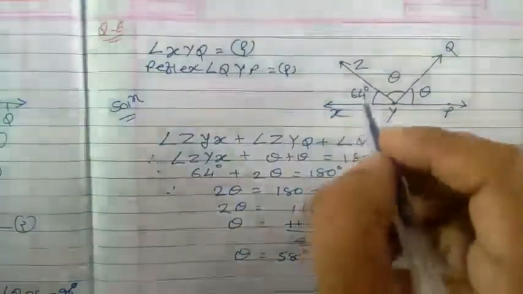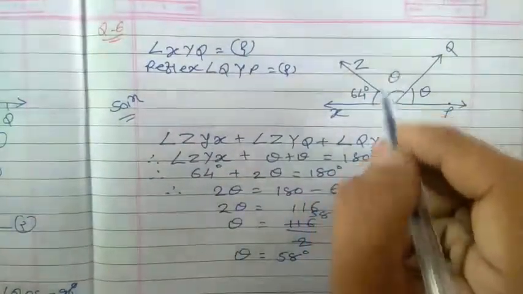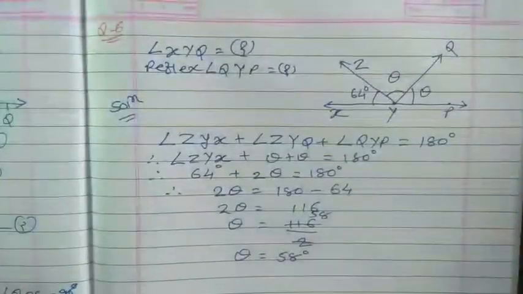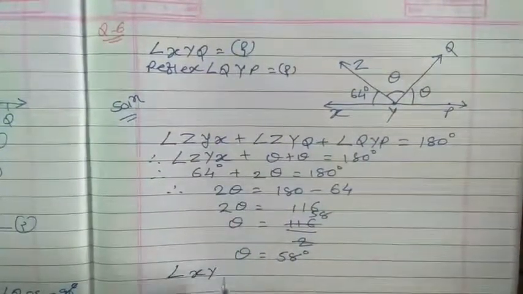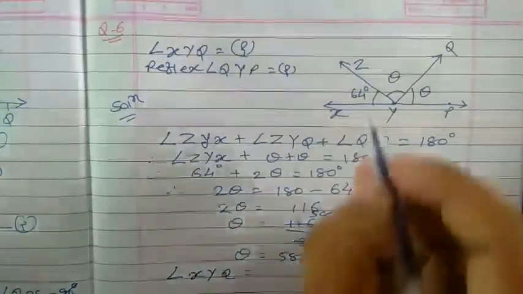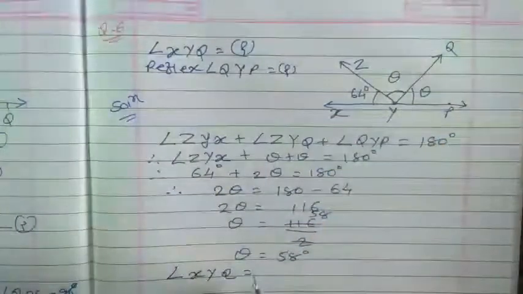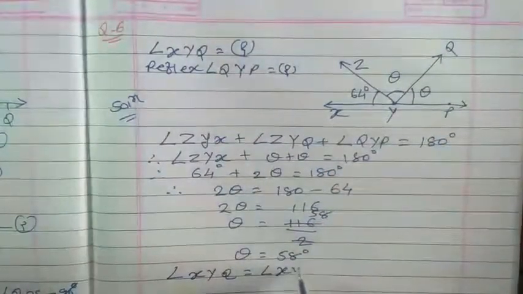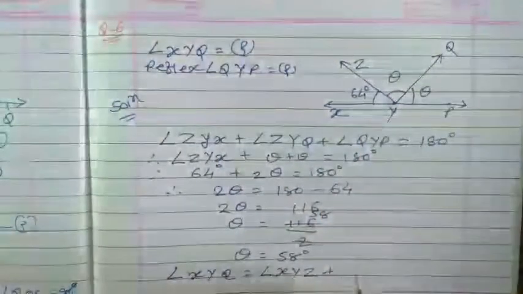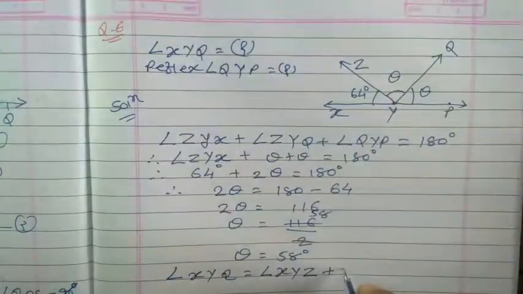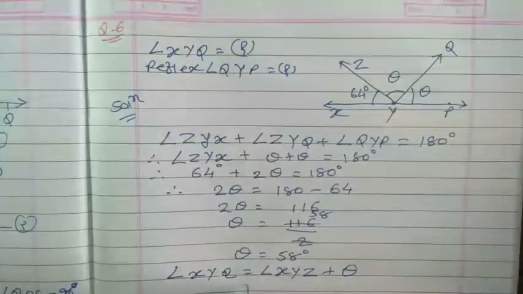Now we have 64 plus 58. So write down, angle of XYQ is equal to angle of XYZ plus angle of ZYQ, that means theta.